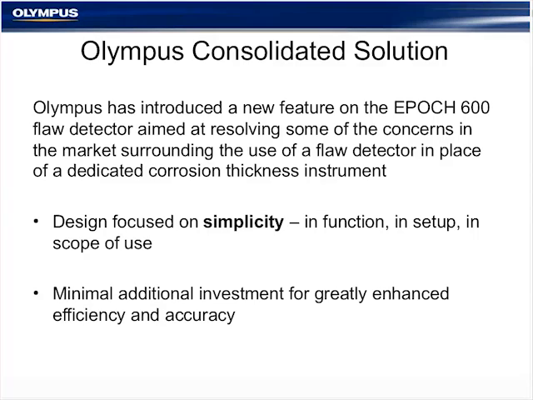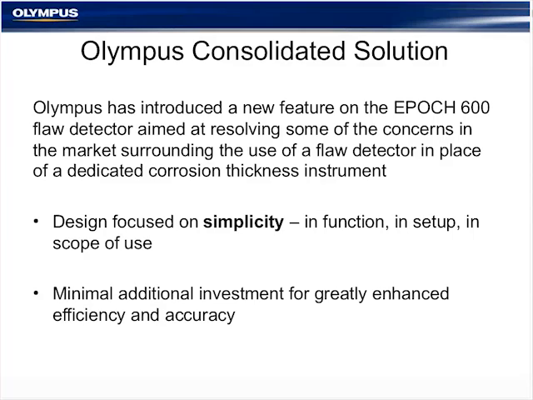So this feature is intended to hit at the core corrosion applications and markets, not necessarily deal with some of the higher and more sophisticated considerations in the corrosion market, but again, focus on a very simple approach. And of course, the benefit of this is that it's a very minimal investment.